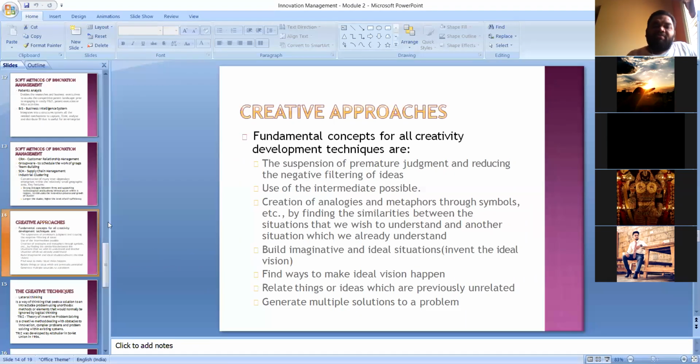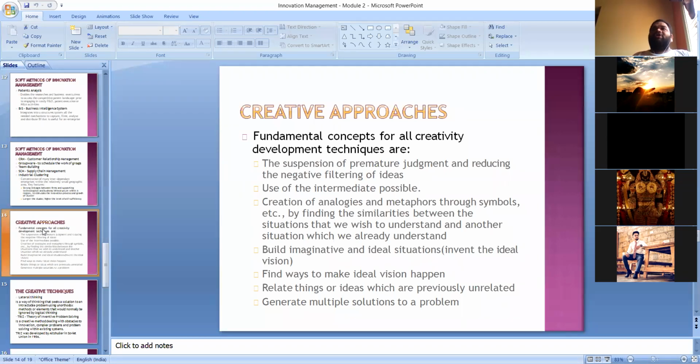Now we come to know that we should not have a negative mind. We have to listen to all things. We have to use the intermediate people. We have to compare the process we have now with whatever process is developed, build imaginations along with our vision, and create some ideal situations.